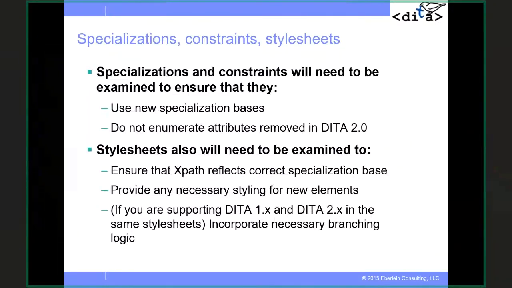The TC will be putting out some committee notes and perhaps a webinar to deal with this in more depth. But if you have company-specific document type shells that use some of your own specializations or constraints, if you have your own company-specific style sheets, these things might also need to be changed for DITA 2.0. So ensure that you're giving time for this work to happen.